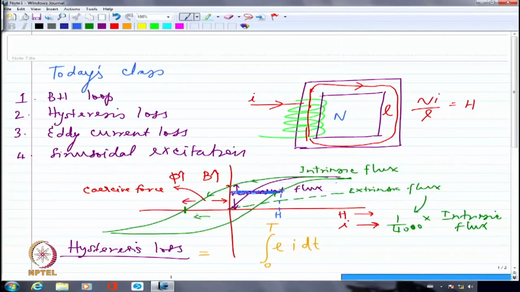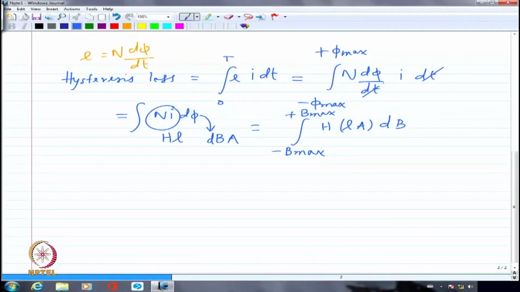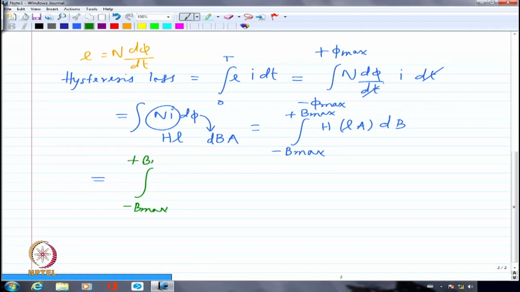If I traverse the entire loop and look at the overall H dB from minus B max to plus B max, it will give me the complete area under this loop. So going back to what I was writing earlier, I can start from minus B max to plus B max.